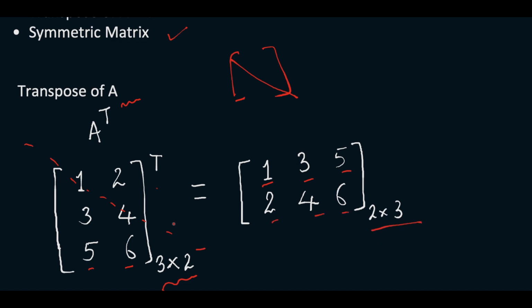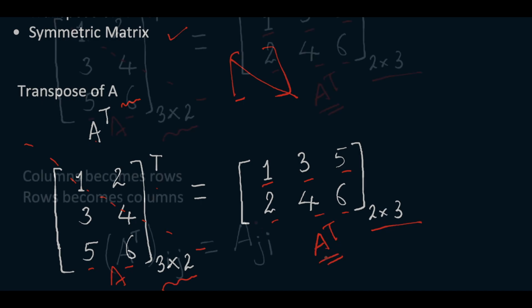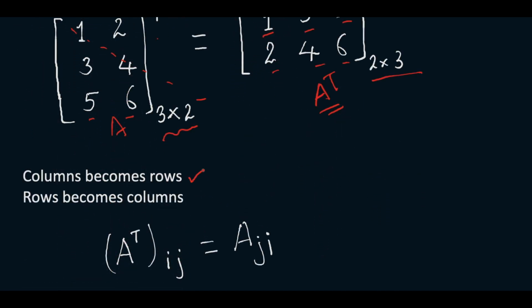Here, this was A and this is the transpose of the matrix A. So our columns become rows and our rows become the columns.